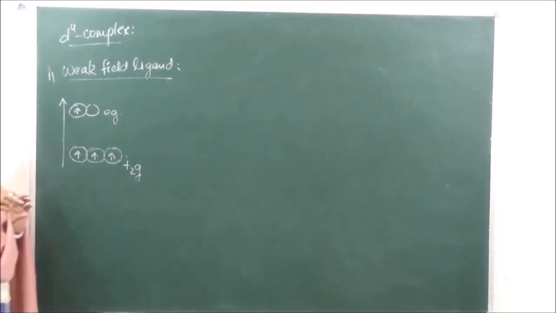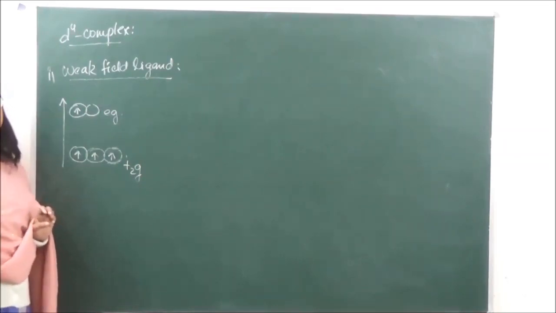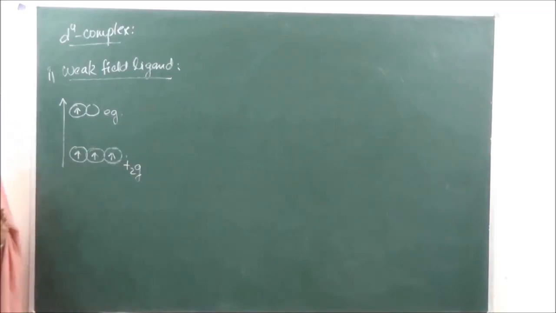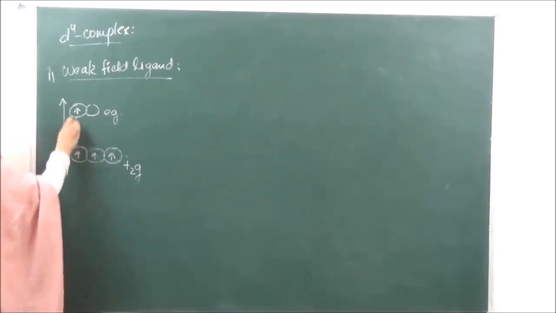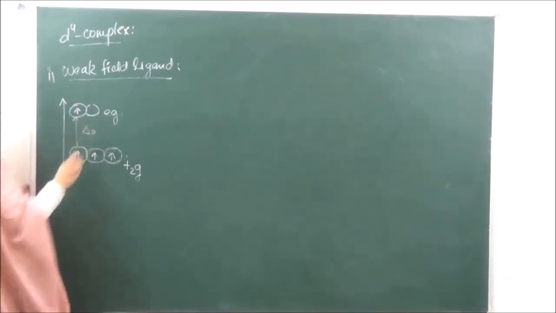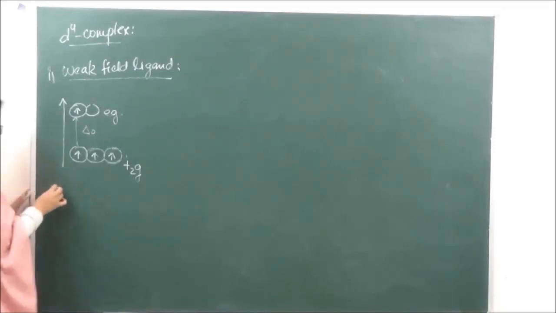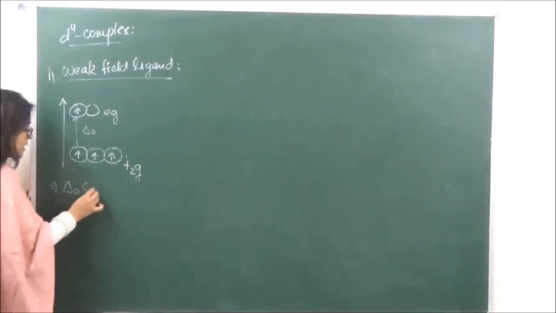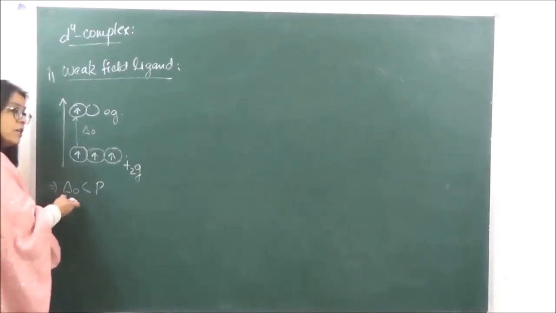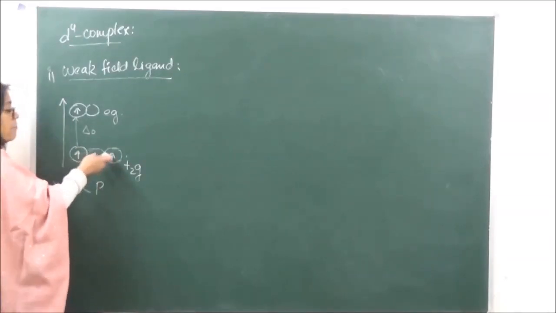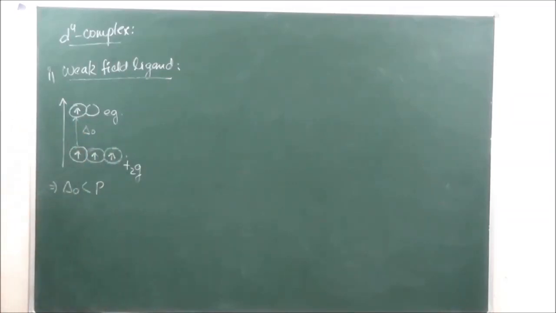Now there is another kind of energy which we discussed over here, which is the pairing energy. Right? So over here, the value of delta naught is going to be less than the pairing energy. Because the value of delta naught is less than pairing energy, therefore no pairing will take place in such types of complexes.